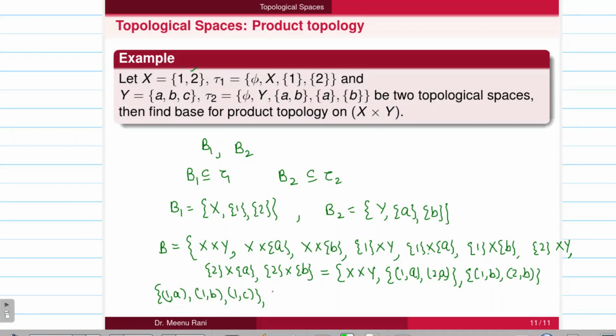Again we have 1a, 1b, now {2} cross Y: 2a, 2b, 2c. Next we have {2} cross {a}, it means only 2a here, and 2b. So this B forms a base for the product topology on X cross Y.